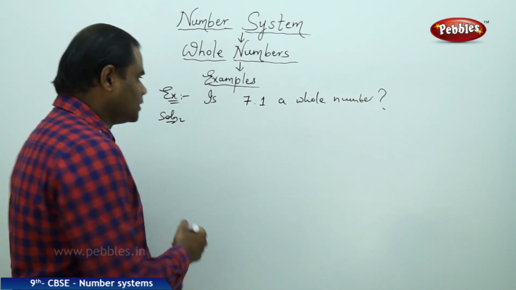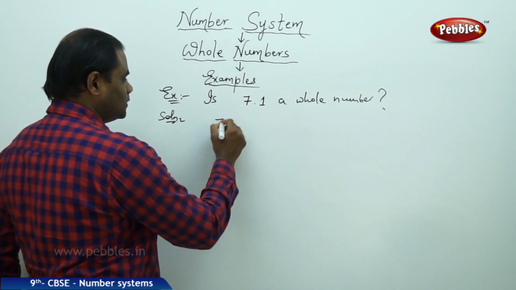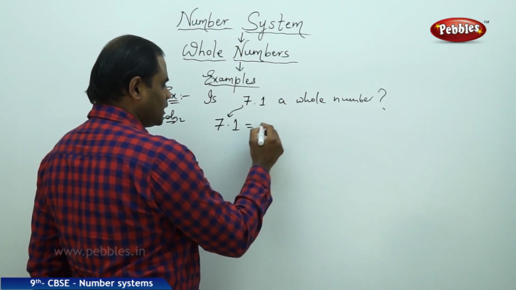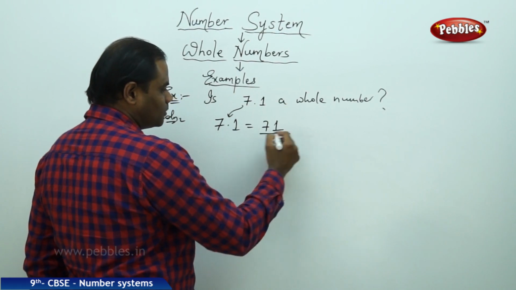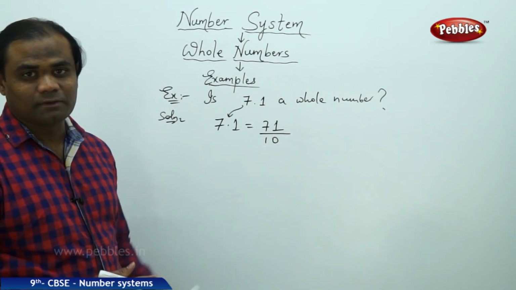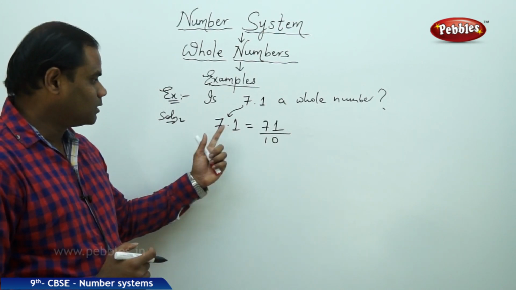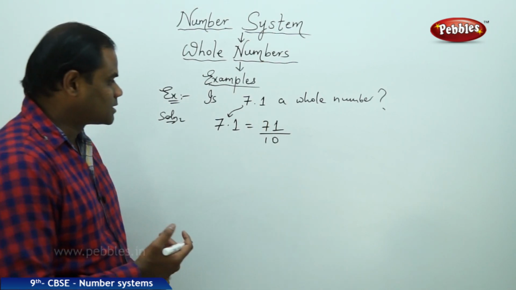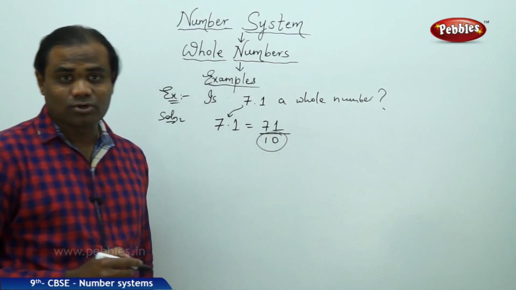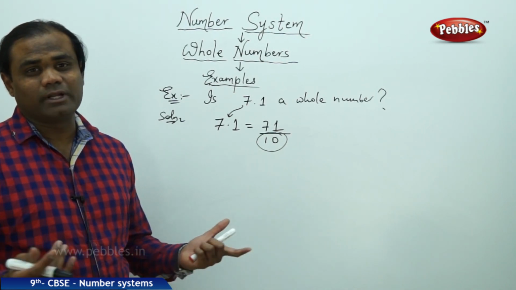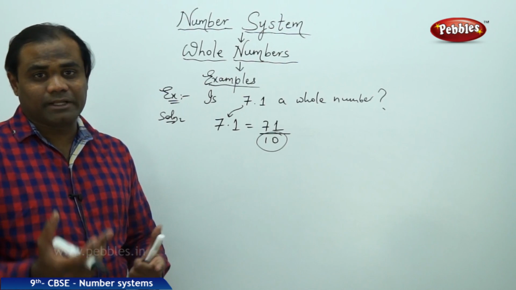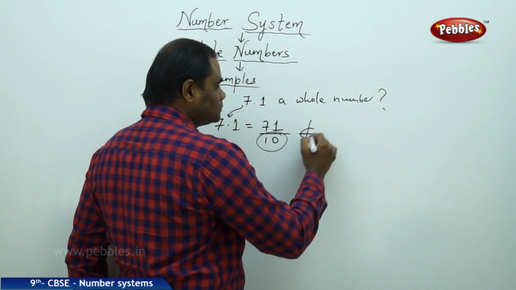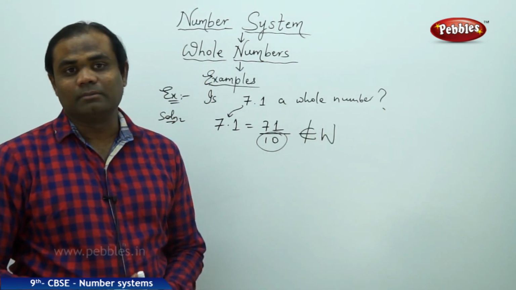7.1, let's see if it can be expressed as a whole number. When I express it in a non-decimal form, it can be expressed as 71 over 10. So 7.1, the decimal form, is expressed in the non-decimal form 71 over 10, and this clearly states that because the denominator is not 1, and as we have discussed, whole numbers are all natural numbers including 0, this cannot be a whole number.